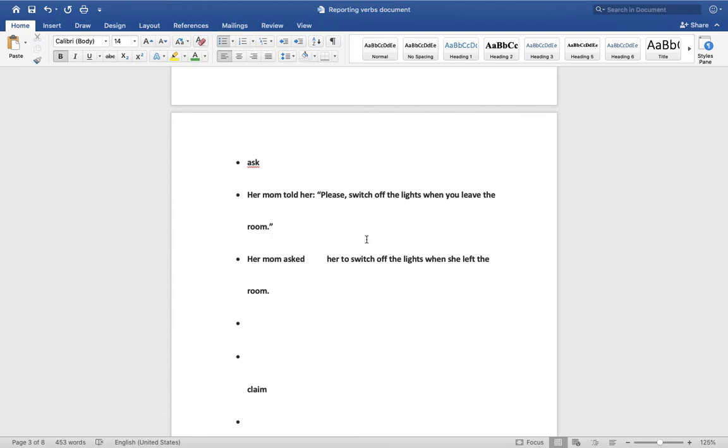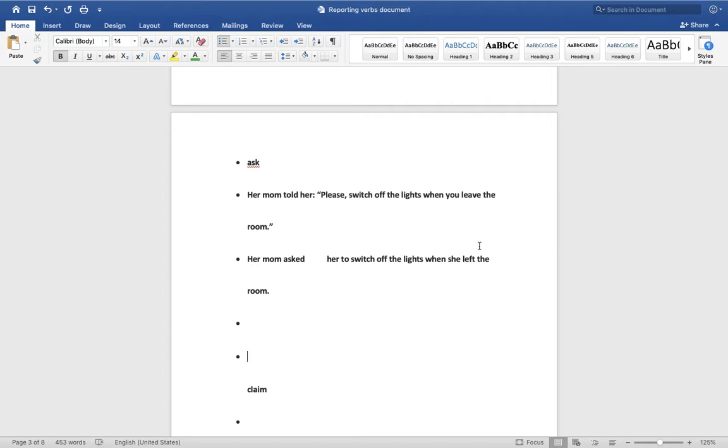To switch, el verbo, ¿vale? Sobre el que recae directamente la petición, en infinitivo con to switch off the lights when she left the room. And please, notice this. This still changes, ¿vale? Si tenemos algún verbo más, ¿vale?